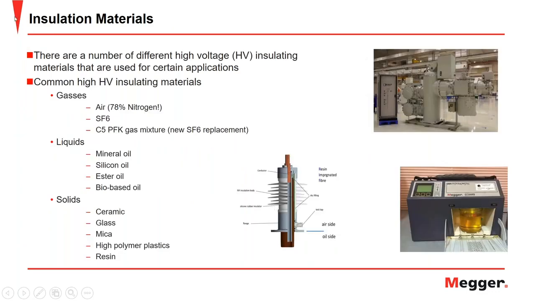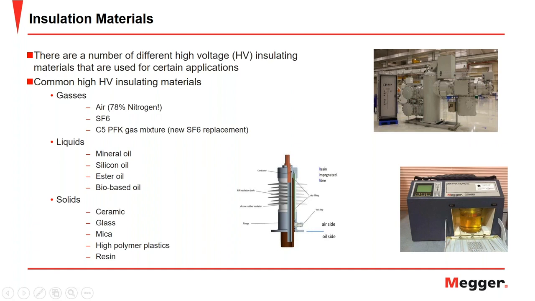So when we talk about insulation materials, there are a number of different high voltage insulating materials that can be used for certain applications. Here we have a list of common high voltage insulating materials, starting with gases. And that can range anywhere from air, which is 78% nitrogen, and that's very important when we talk about partial discharge, and we'll discuss this importance a little bit later.